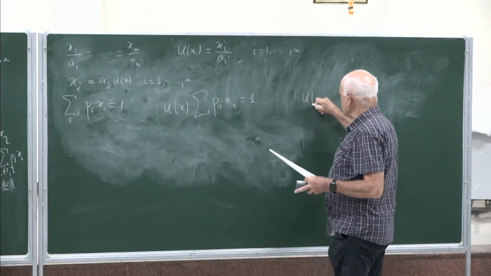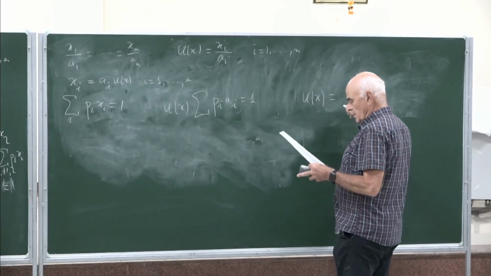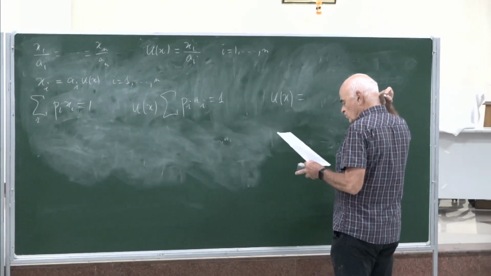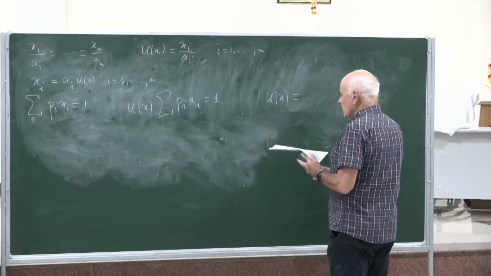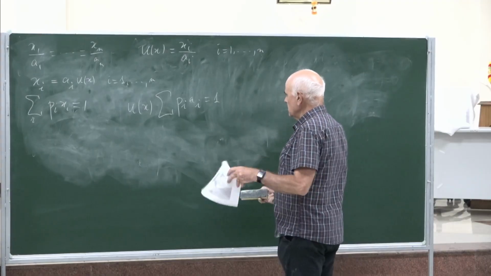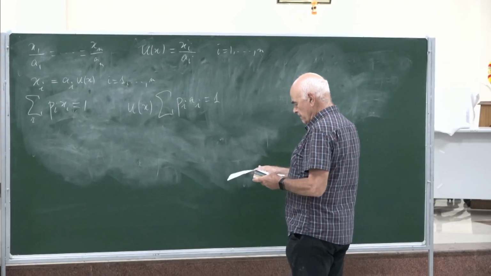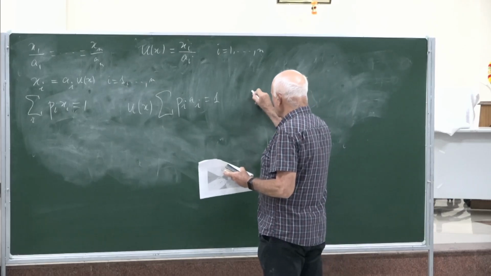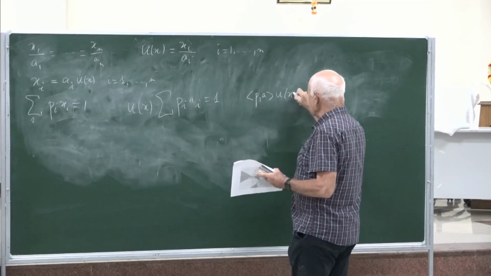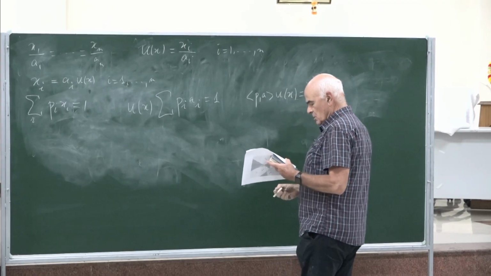So u of x times the inner product p·a is equal to 1.